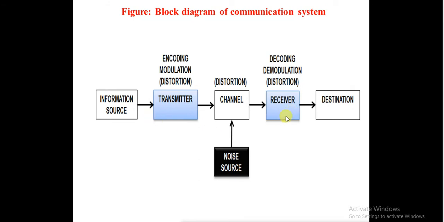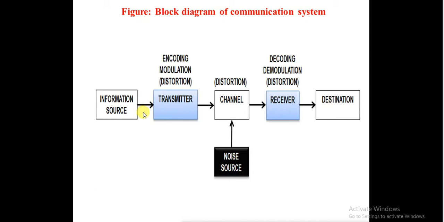Transmitter and receiver are connected by channel. Then after the receiver we have destination. Noise is always connected with the channel. Noise can be added to the transmitter also, and the receiver also, but noise has the highest effect on the channel.